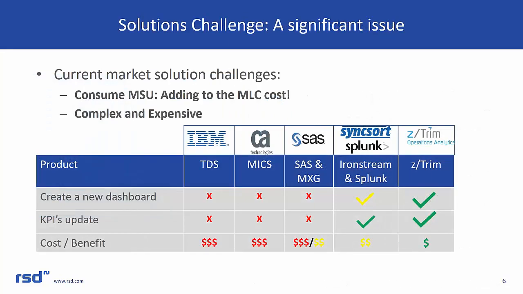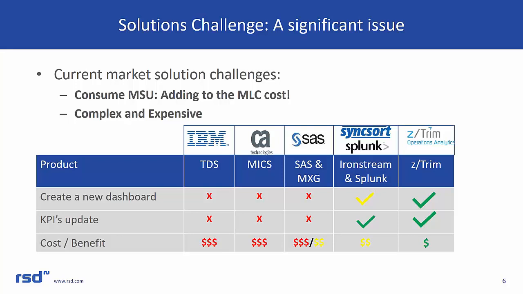And then there are challenges associated with the various solutions that are available. Current market solution challenges contribute to MSU, actually adding to MLC cost. And we all know and understand that MLC cost is the focus of these initiatives.